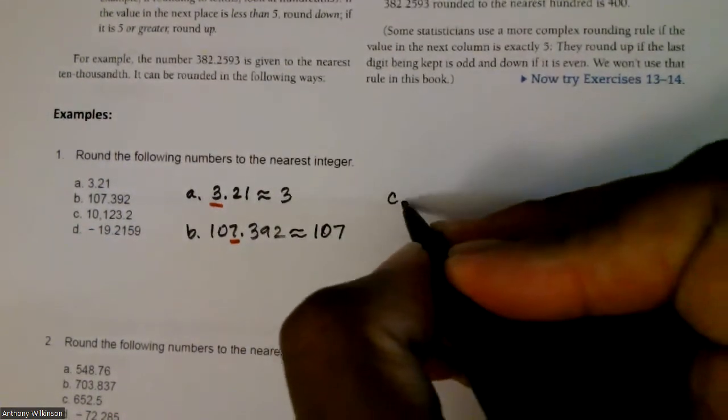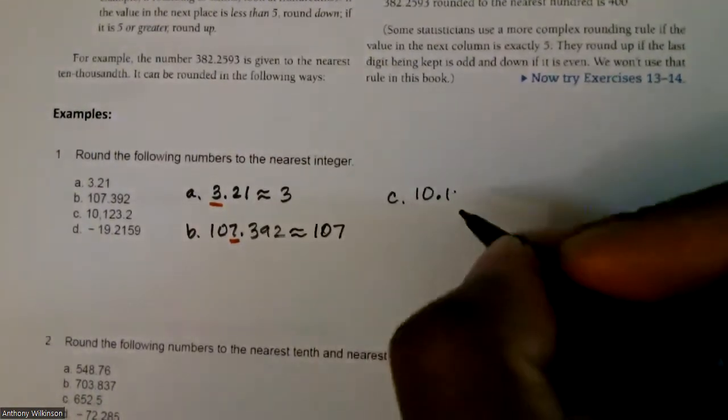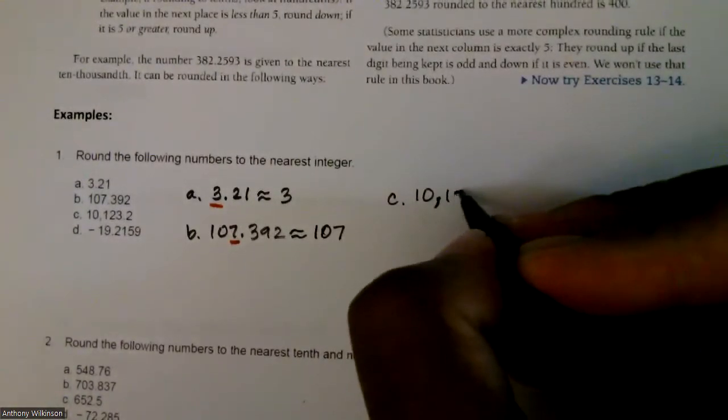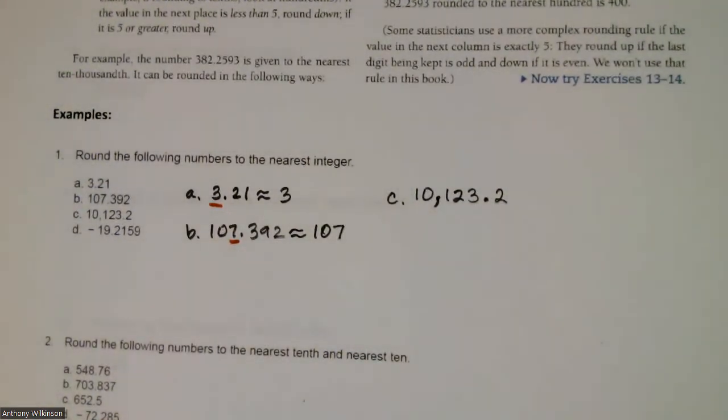Now part C is 10,123.2. And we're going to round that off to the nearest whole number.